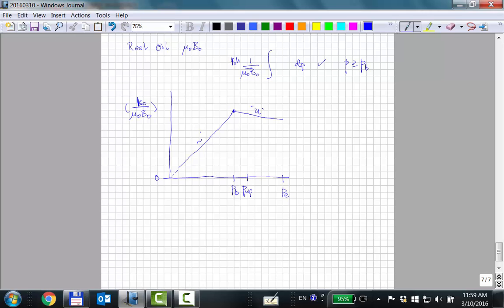So now we have to do an integral of ko over mu o Bo. So now if your bottom flowing pressure is here, then it's the area under this curve that you have to multiply.